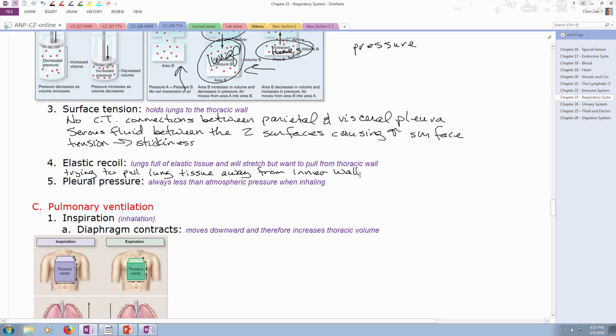Pleural pressure is always less than atmospheric pressure. Remember, this is another word for intrapleural pressure. So you'll see we have a lot of shortcuts for some of the words that we're using. So pleural pressure plus surface tension are working to keep the lungs expanded and are able to overcome elastic recoil.